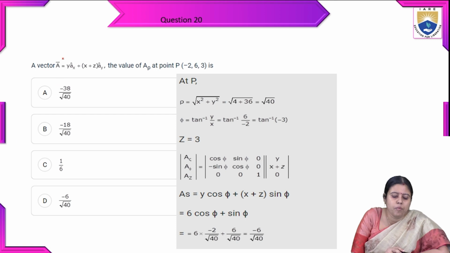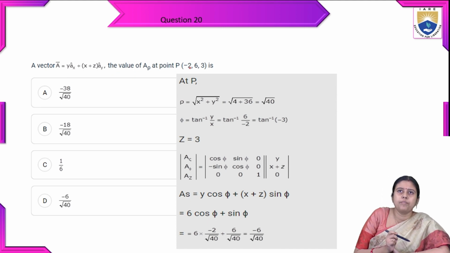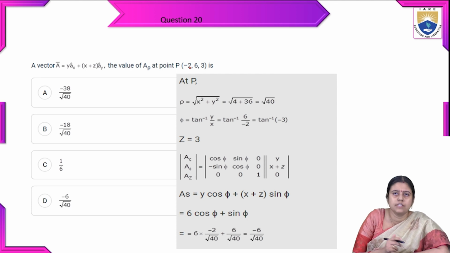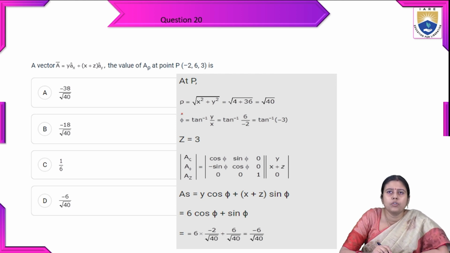A vector of y ax plus x plus z ay, we have to calculate the value of a rho at the point P minus 2, 6, 3. So what is the rho distance? Rho distance is square root of x square plus y square. So the value is 4 plus 36, equal to 40.